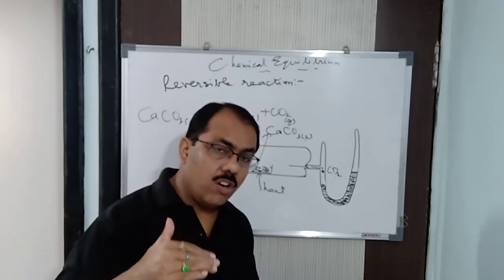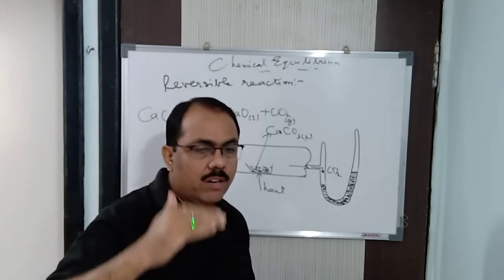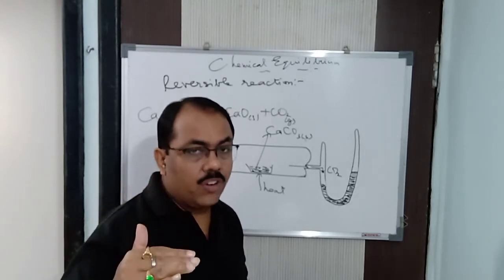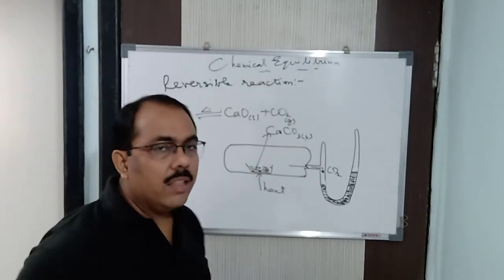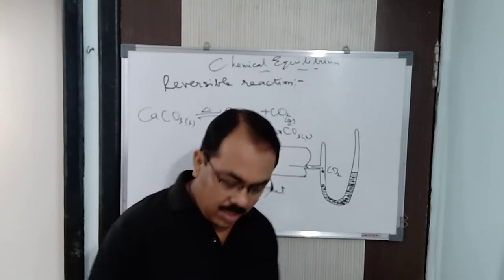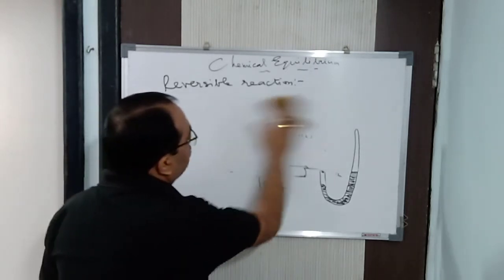Initially it falls and rises, but after a particular point of time it becomes constant when the reaction attains equilibrium. In this way we can explain the process of equilibrium by this experiment. Here the pressure becomes constant.